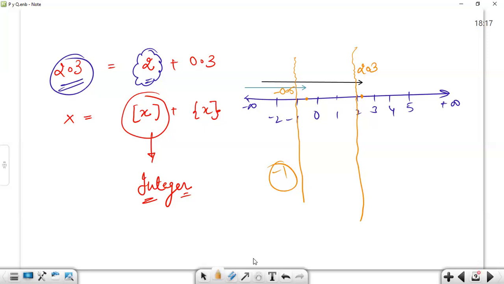Yes, sir. So I will ask what will be its value for minus 2.3, given that this is the greatest integer function. Anyone?